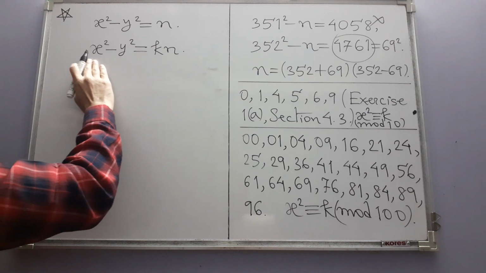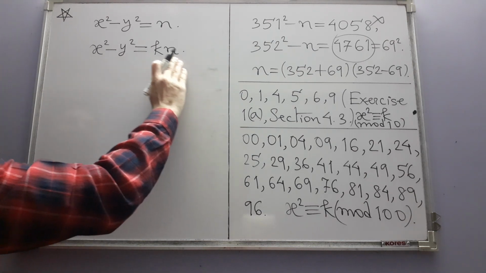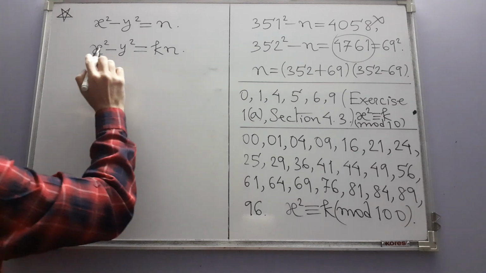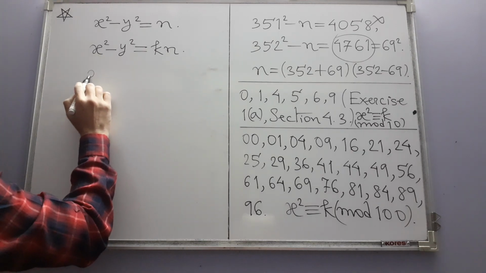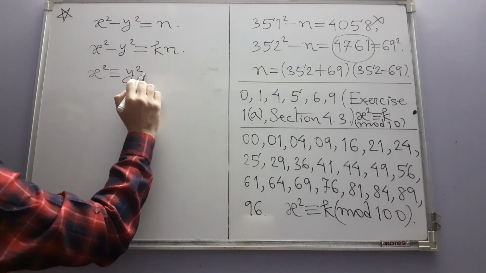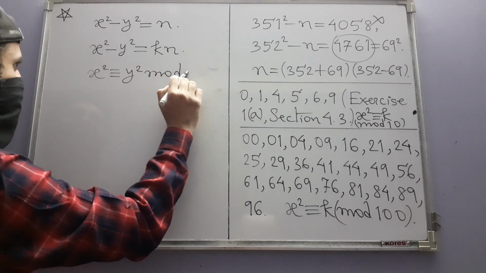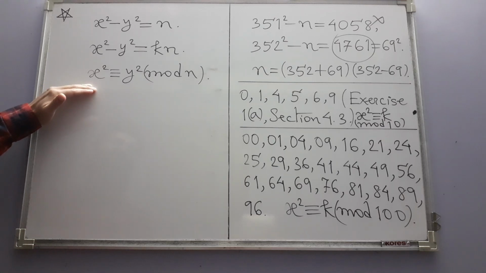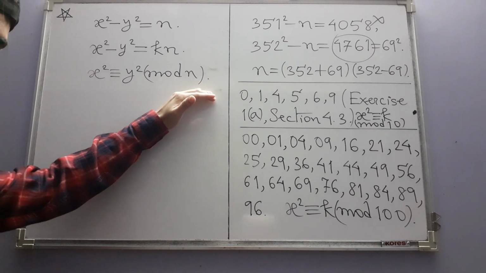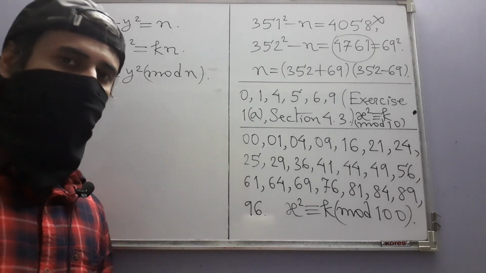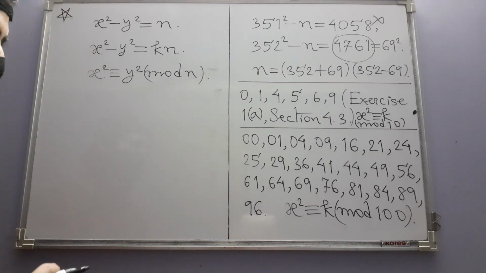Now we are requiring less, so there will be more x and y options, and this is equivalent to the congruence this. That means now we are looking for solutions to this congruence. But say we have found x and y that satisfy this congruence. Then what do we do?